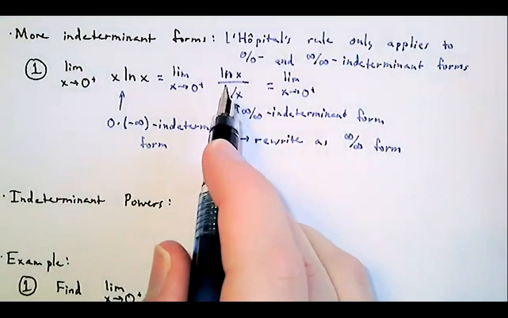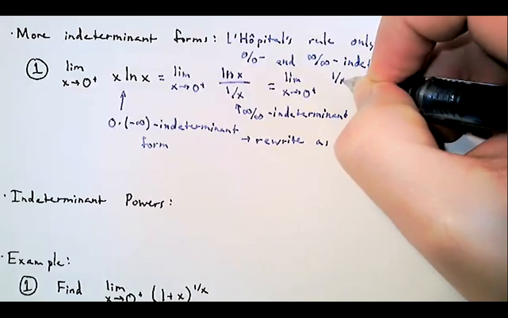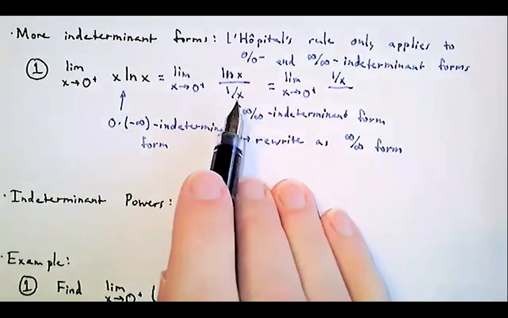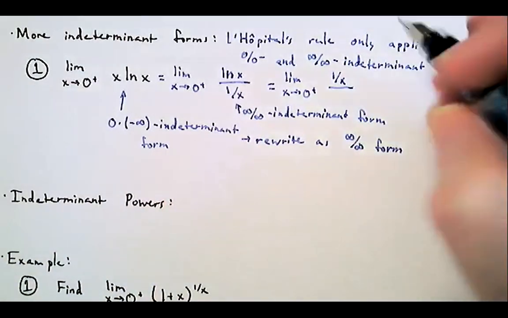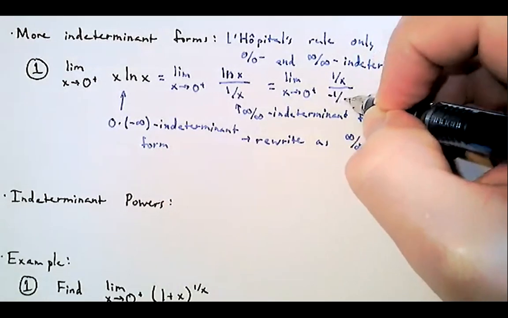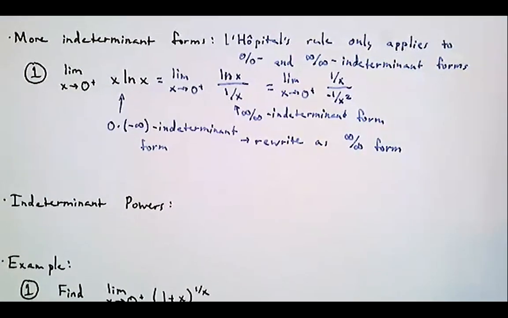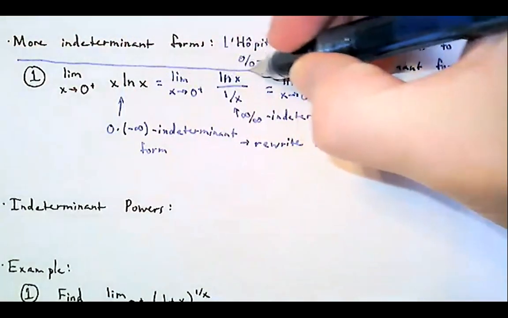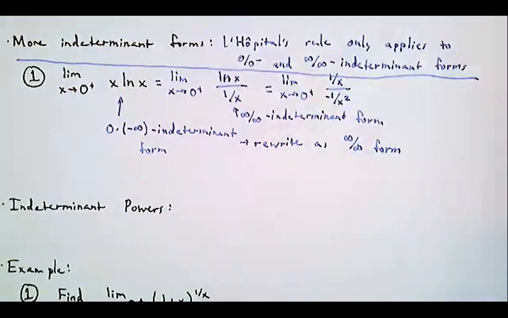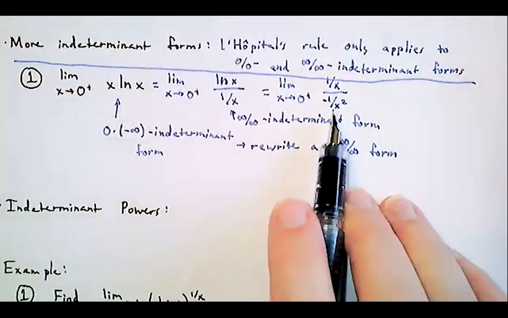We take the derivative of the top, we get a 1 over x. And then we take the derivative of the bottom, 1 over x, and we get minus 1 over x squared. And now it's just a matter of cleaning this up.